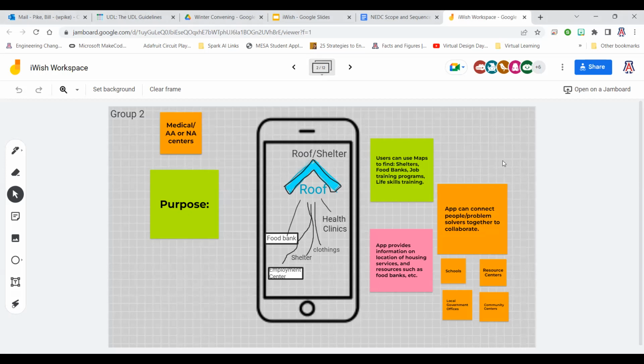Group 2, who is your spokesman? We didn't decide on one, but a lot of these good ideas. If any of you would like to help out, I think Jamie came up with a lot of these ideas. Would you like to share?